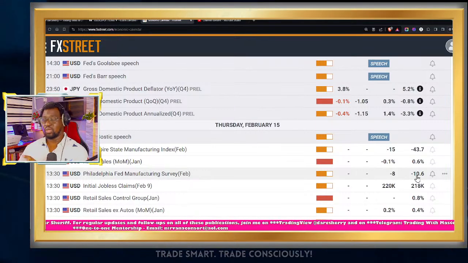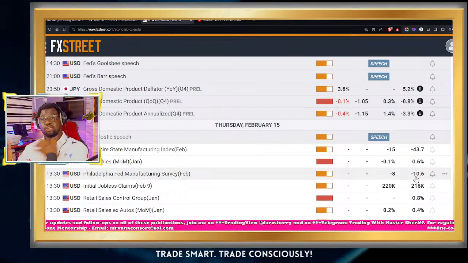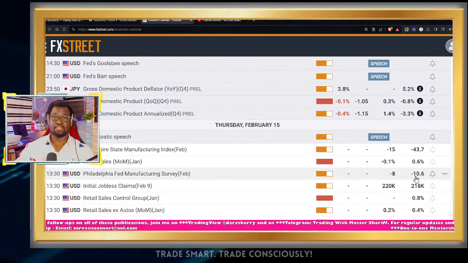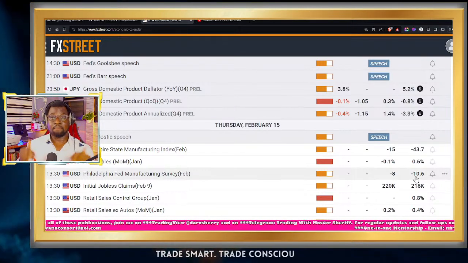So we are going to be looking at how we are going to be positioning ourselves for the next move. As technical traders, we do know that the anticipation of this event has a way of influencing the market sentiment.